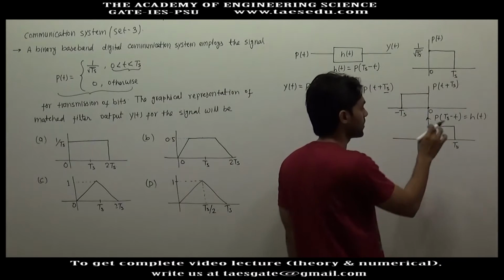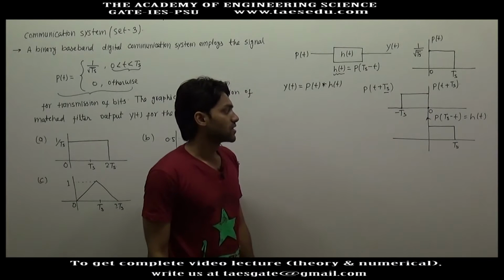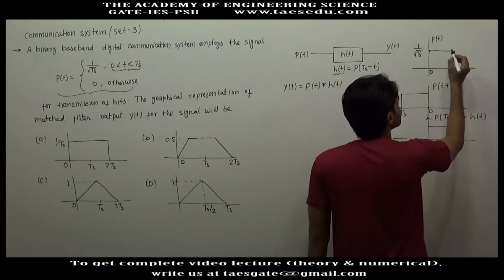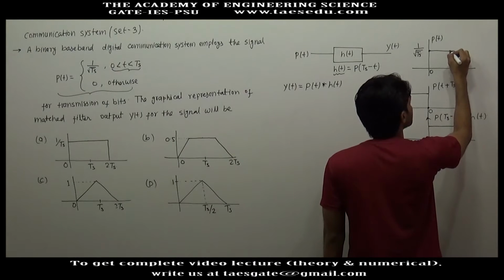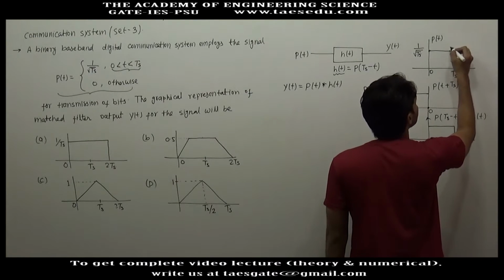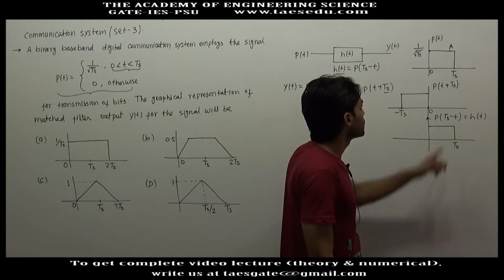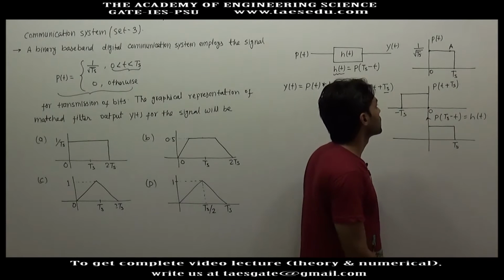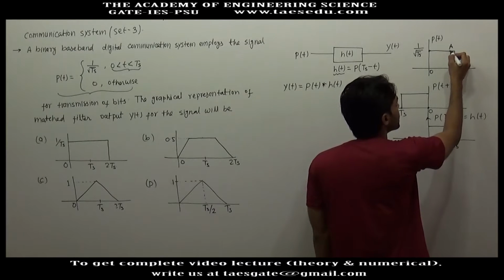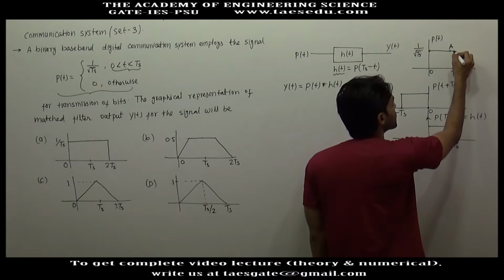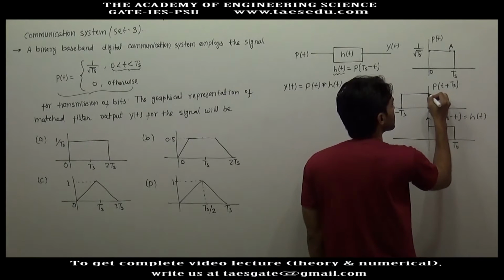Although these two graphs appear to be the same, their formulas are different. Let us denote a point A here. When you shifted this graph, where will be the point A? This point will be simply shifted, so A will be here.